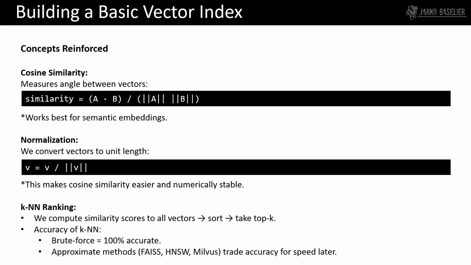And KNN ranking is where we compute similarity scores to all vectors. Then we sort them and we take the top k items. Accuracy of KNN, where we have brute force, which is 100% accurate. And the approximate methods like FAISS, HNSW, and Milvus, they trade accuracy for speed later on. But still, again, the accuracy is pretty good.